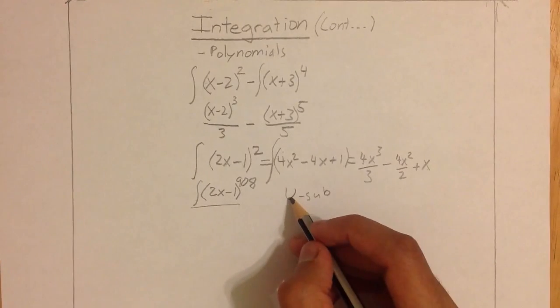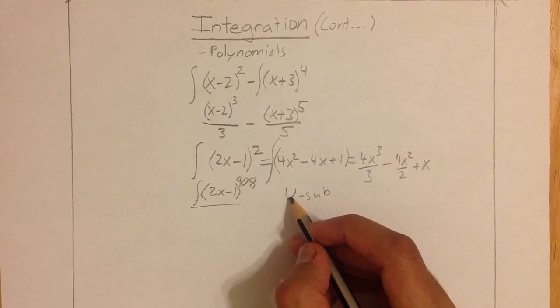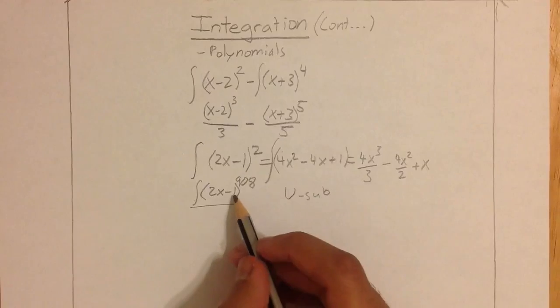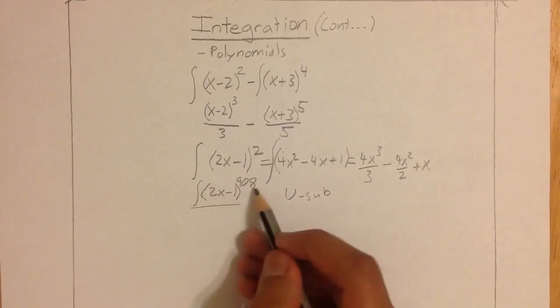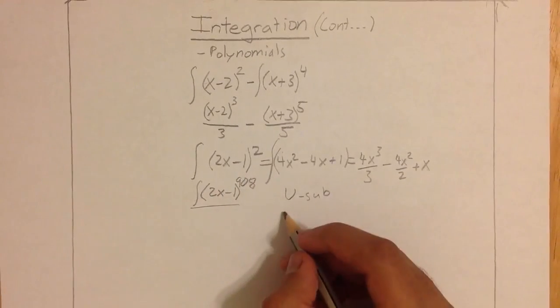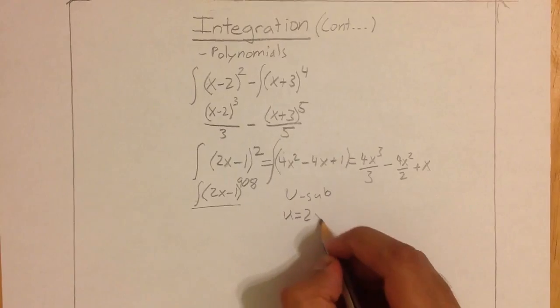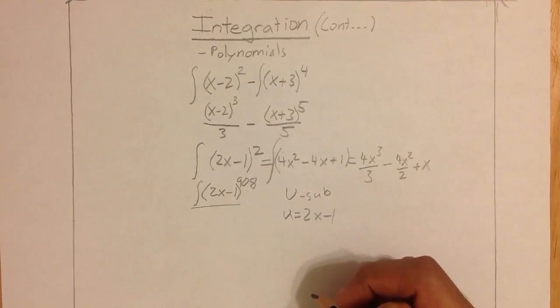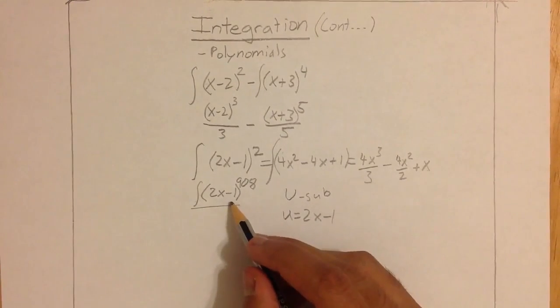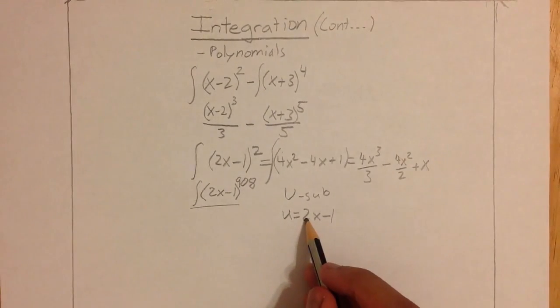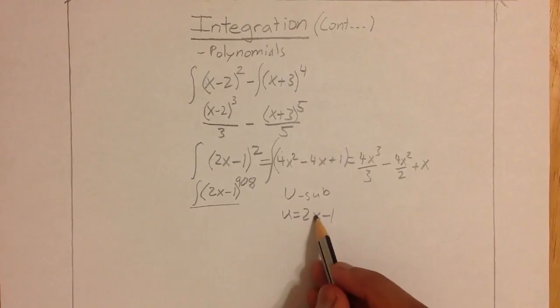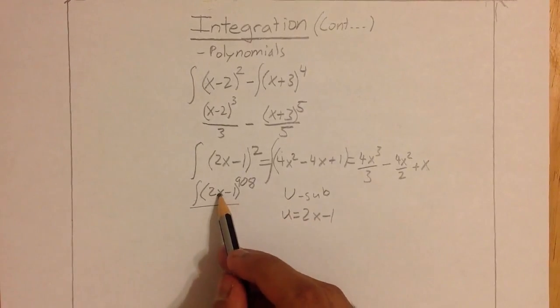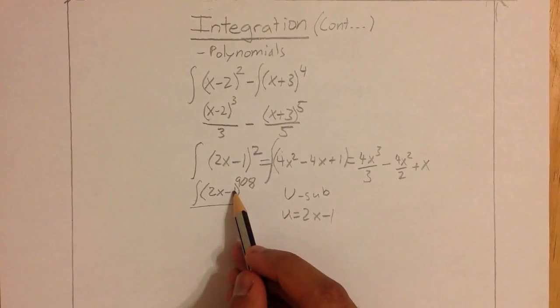Now what a u substitution is, we're essentially substituting u for some part of this function. So let's say u equals 2x minus 1, just for the sake of making things a little easier. Now what that does is it allows us to plug in u for this 2x minus 1.